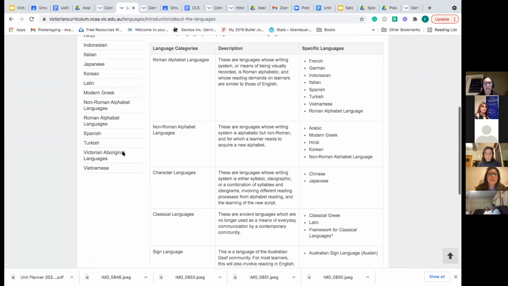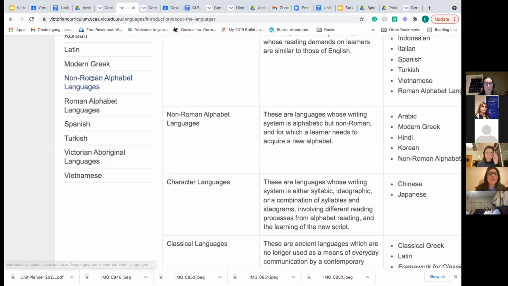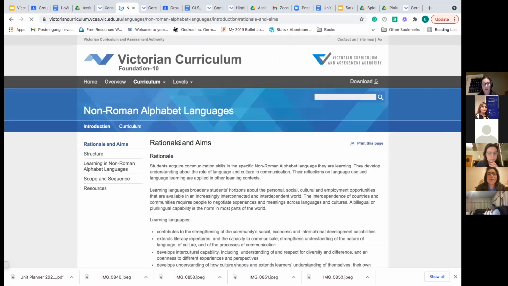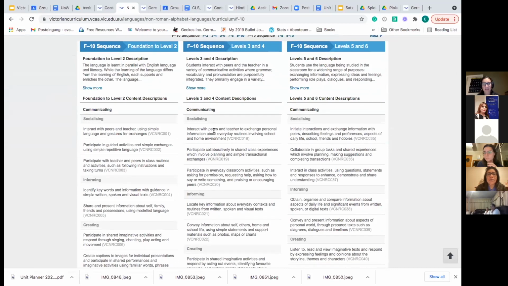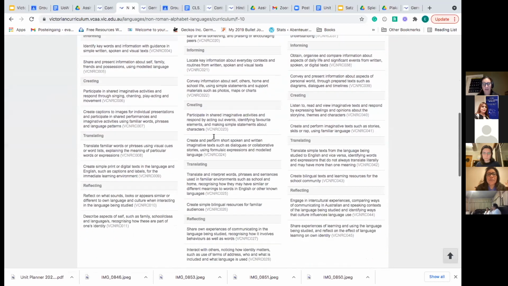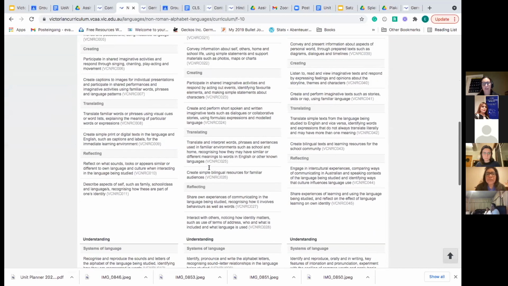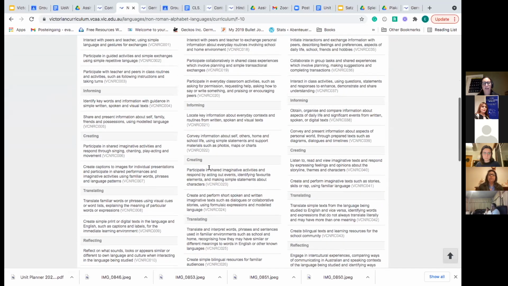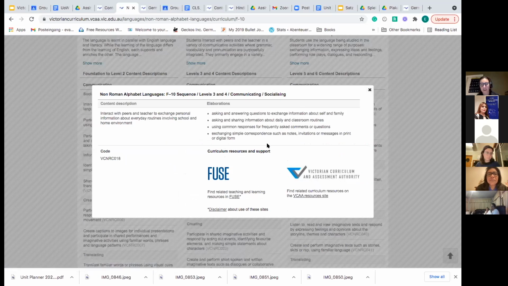So you can see here, hopefully, we are in the language curriculum and you can see non-Roman alphabet languages. And here you have the completely same structure. And you have your strands here, communicating and understanding. So you have the same strands. The difference is that when you click here, you have a very general description.